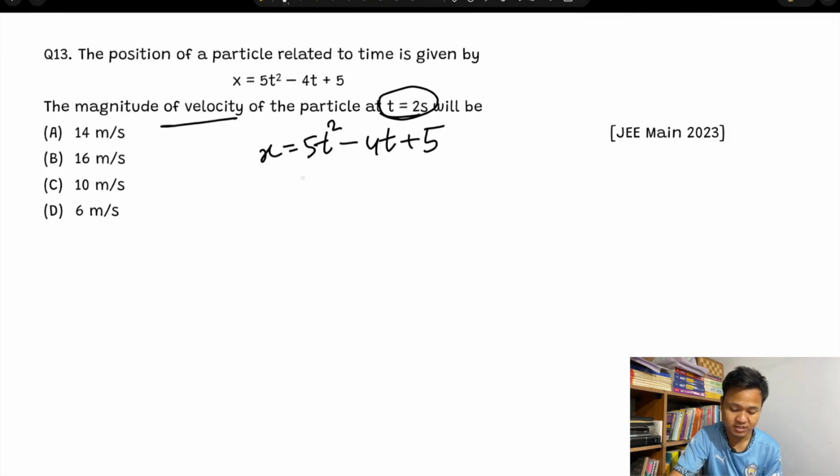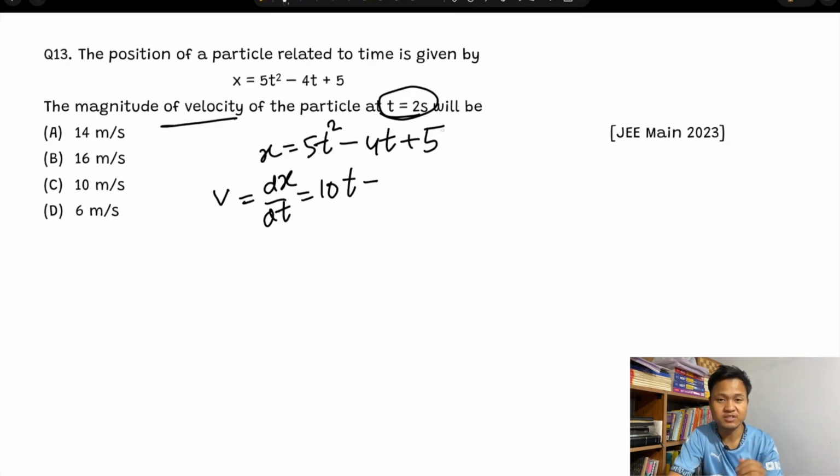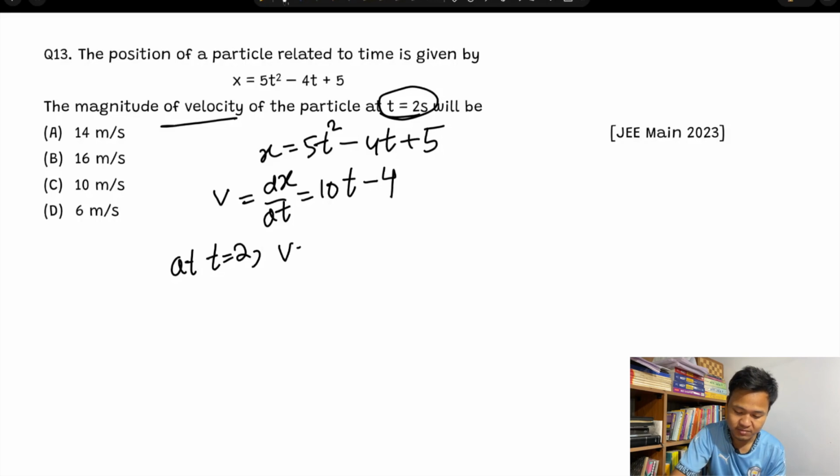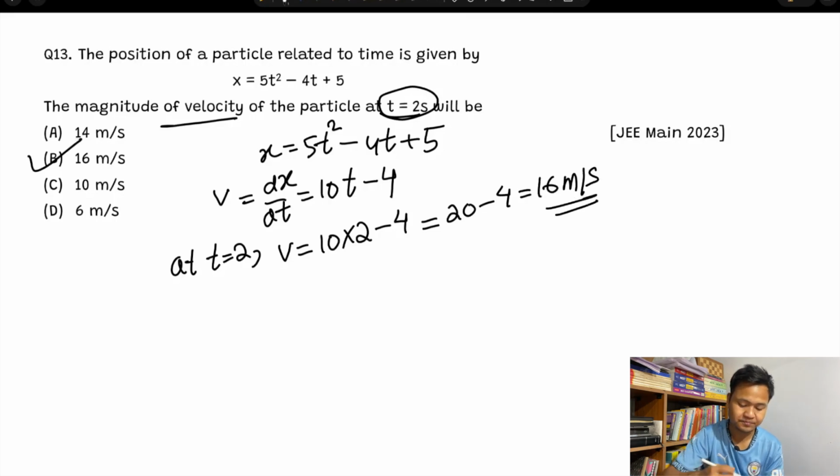If you differentiate this, v equals dx by dt: 5t squared differentiation gives 10t, minus 4t differentiation gives 4. So this is the velocity. At t equals 2, v equals 10 into 2 minus 4, so 20 minus 4, which is 16 meter per second. Okay, so simple question.